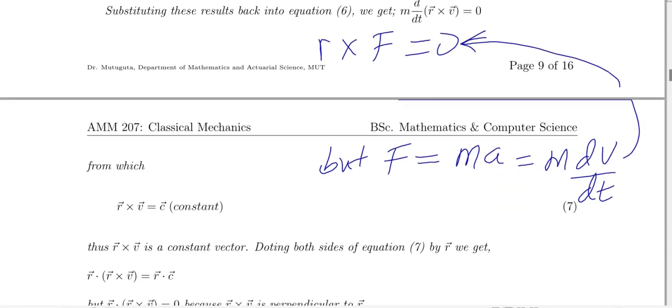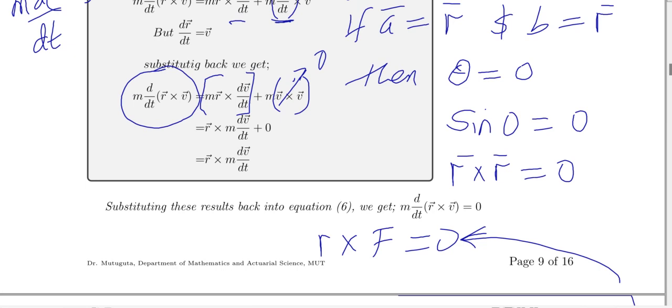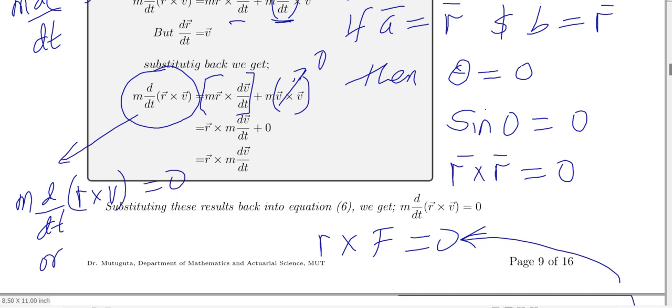So we shall be equating m d/dt of r cross v to 0, or we can write d/dt of r cross v is equal to 0, because m is a constant and we can divide both sides by m.